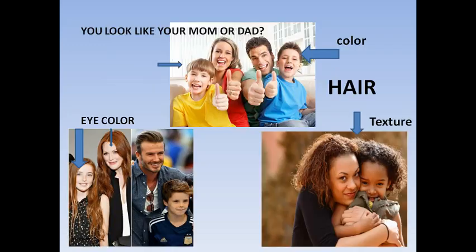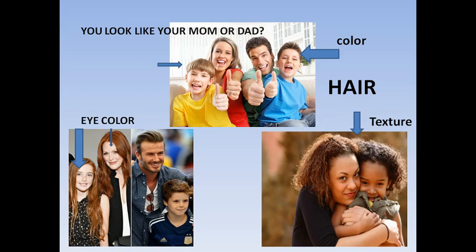Like these children shown here in these three families, they have inherited a few traits from their father and a few from their mother, and they are different from both. They have many variations in them.